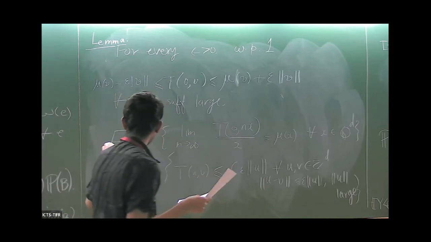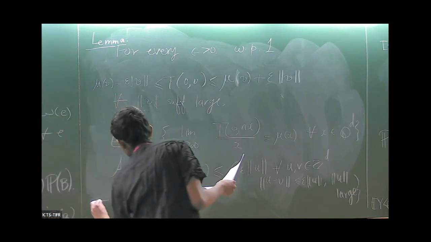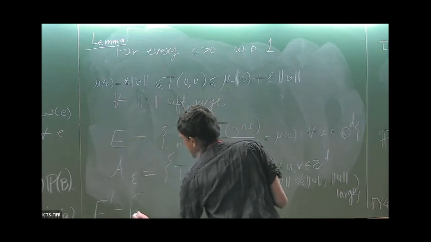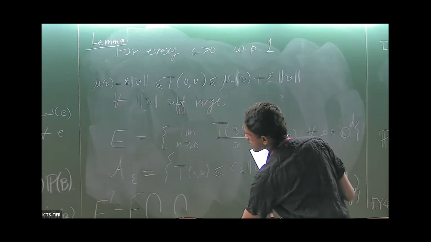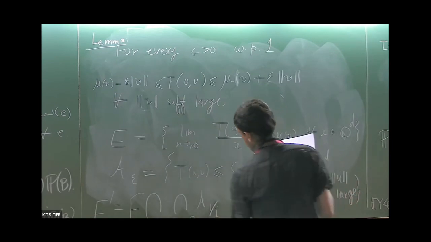So what we are going to do is take an intersection of this A epsilon over some countable sequence going to 0. So let us define E prime to be E intersected with the A epsilon for epsilon equal to 1 over i. Countably many events, each has probability 1. So this set E prime has probability 1.